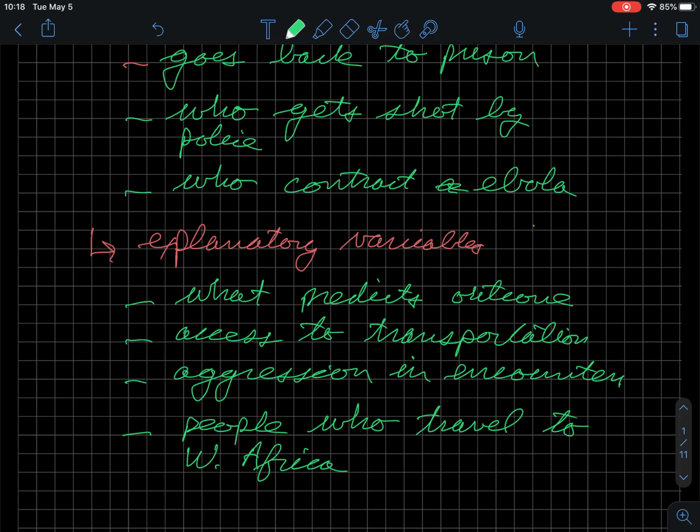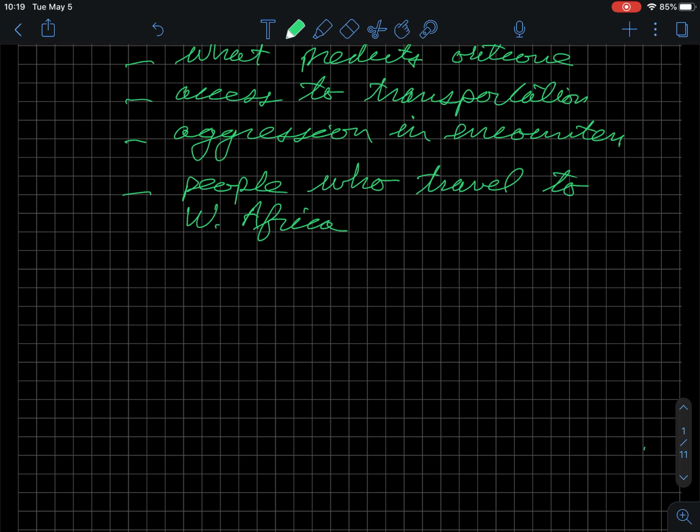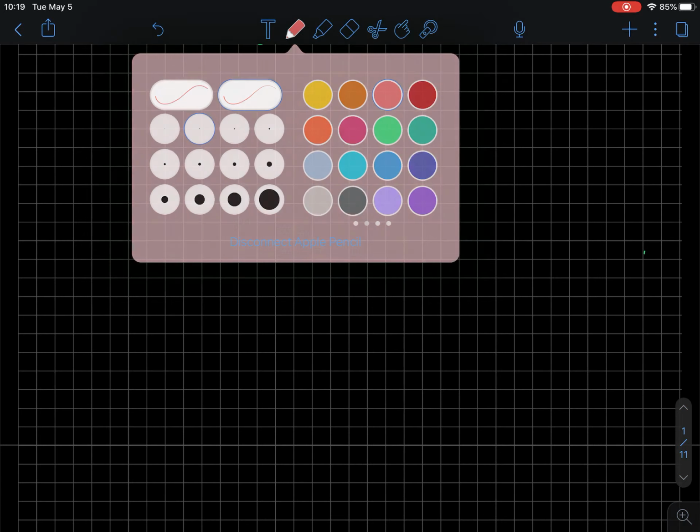And so what we're looking for is that we use these explanatory variables to explain variation in the outcome, and that's something that statistics can do for us. A basic way to do this is with a contingency table.